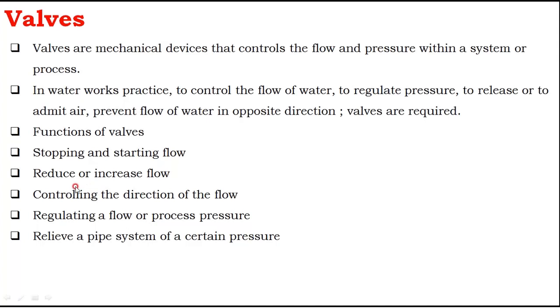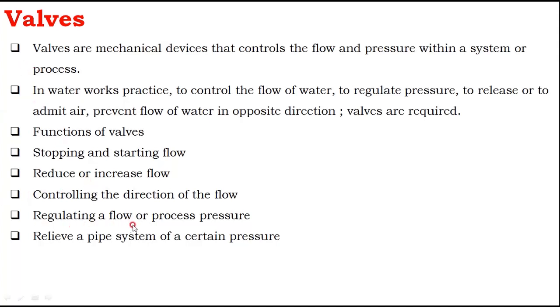If you want less discharge, operate the valve. Then controlling the direction of flow, one way direction. Water can move from one point to another in one direction only, and it should not come in the opposite direction. That also you can control by valves.